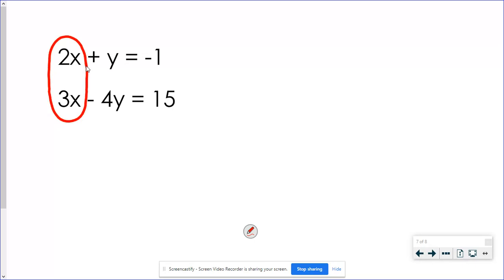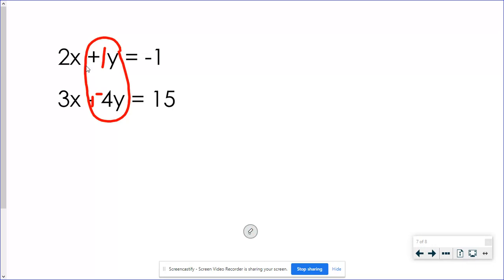What we're going to do in the next lesson is look at this and try to get both of those to be 6x and a -6x. However, if I look at the y's, this is really a positive 1y, and here we've got a -4y. If I could make that top equation turn into a positive 4y, then I'd have opposites.